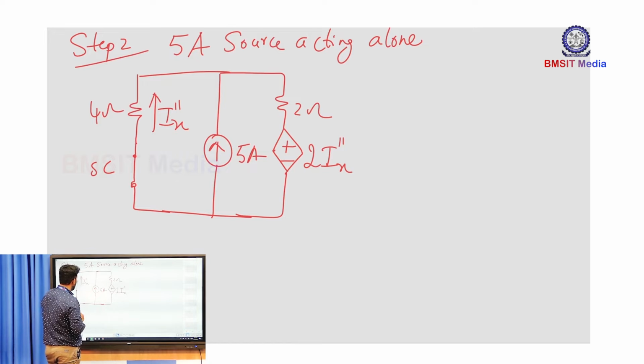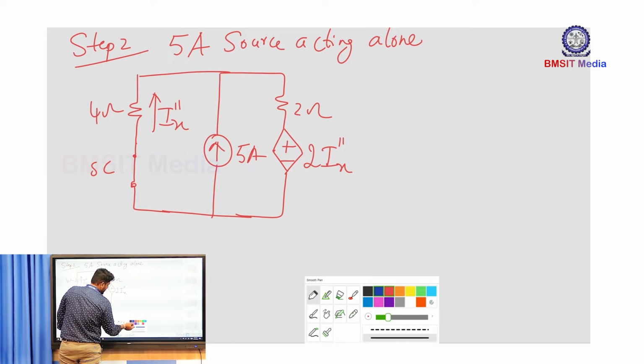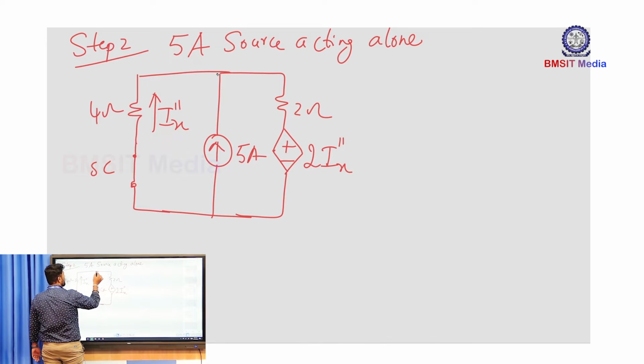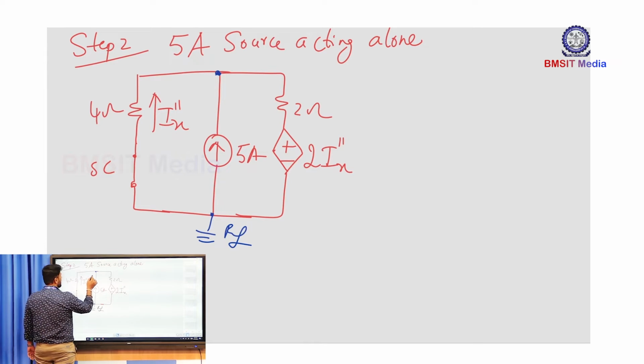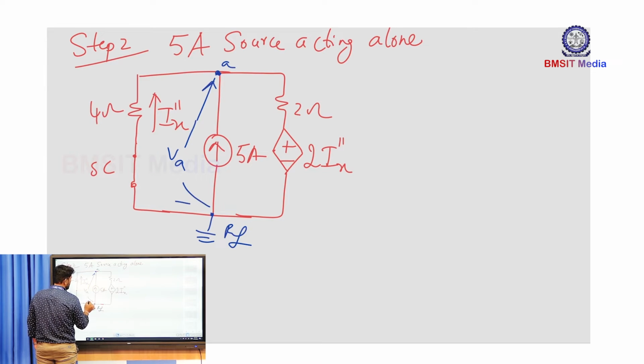So how to find Ix double dash, guys? Suppose I write a KCL. Here we have two nodes. One I will consider as the reference node, and I will consider this as node A, so the voltage across this will be VA.